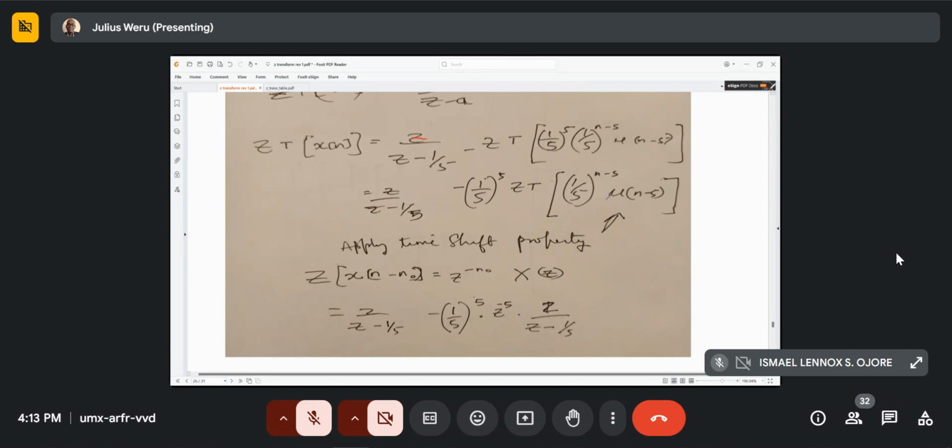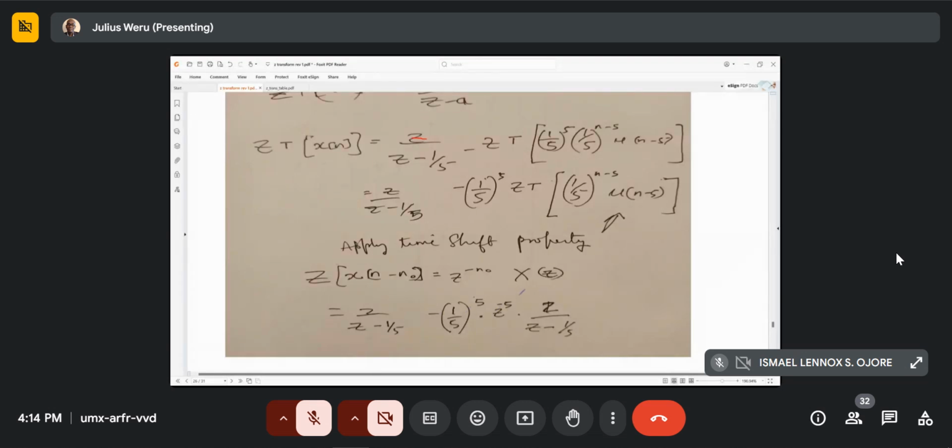If you have this, it is simply this. Of course, X of Z is the Z transform of x of n. So that will simply become that.